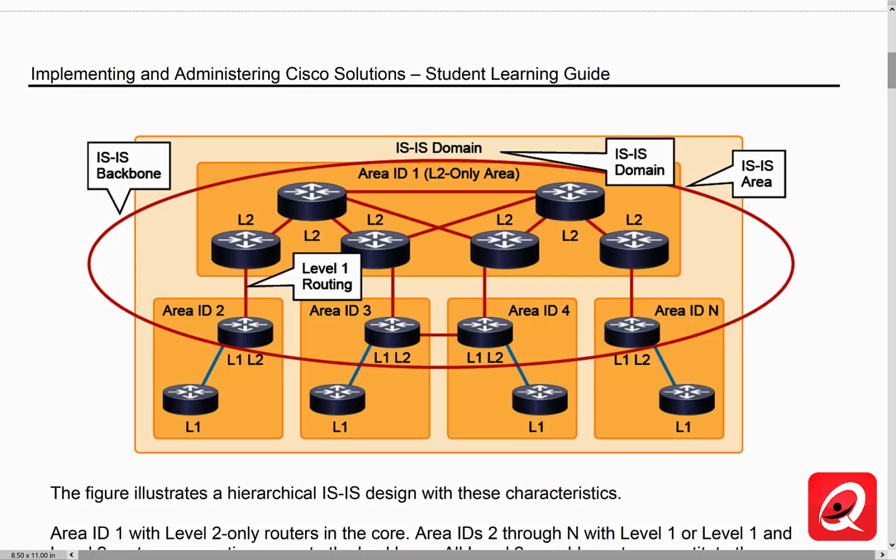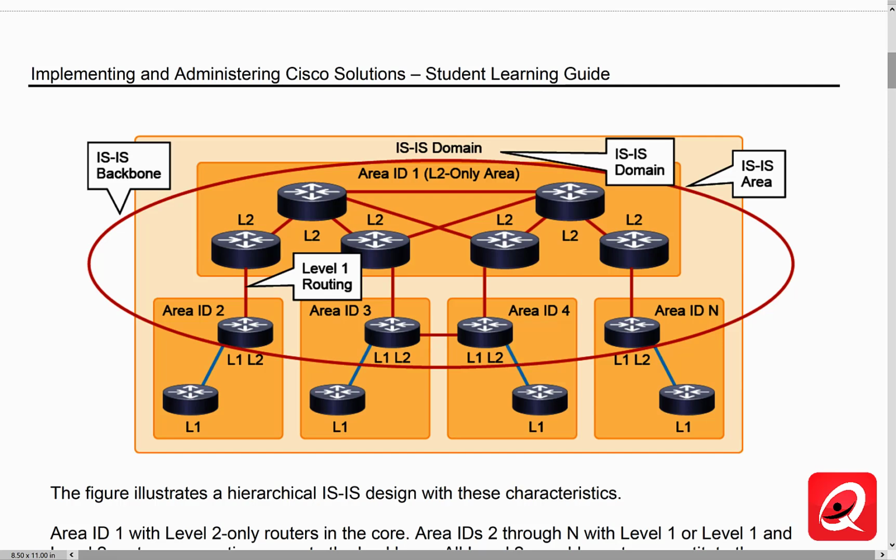All right. That backbone, as long as it's contiguous, will allow the exchange of level 1 reachability information, but not with L1 link state packets, as we're going to use our L2 link state packets. So the backbone cannot be interrupted. We can have redundant links, and in this case we do in area 1, which is basically an L2-only area.